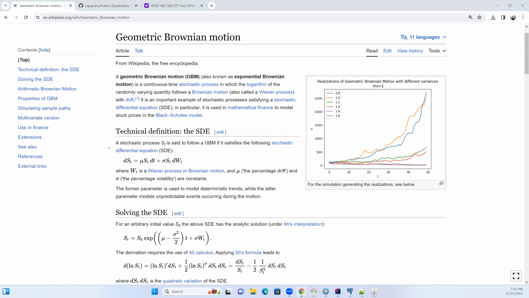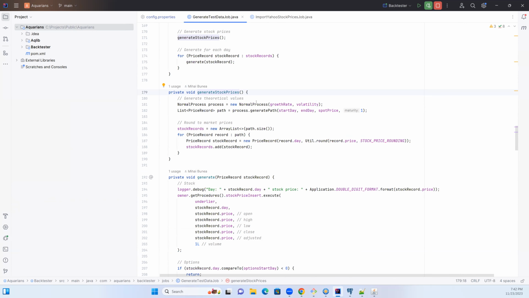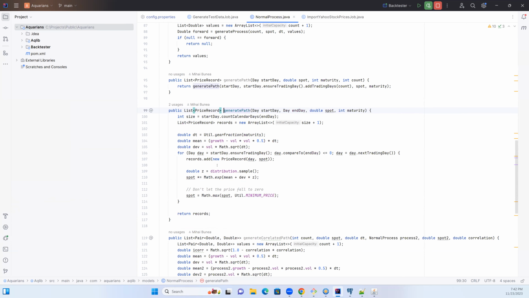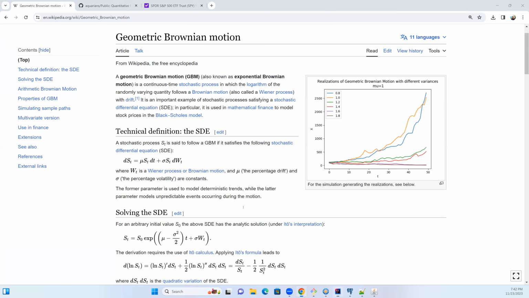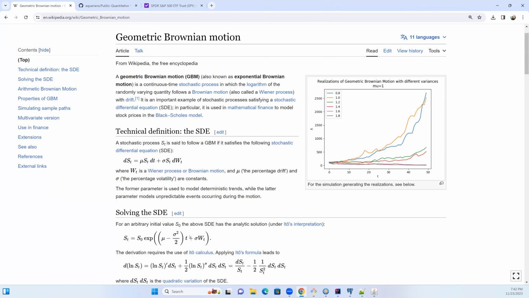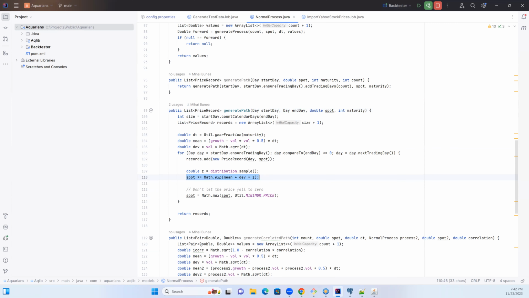It will generate prices according to this formula. So we have a normal process which does this generate path. And this is the magic equation, which we are going to discuss in what follows. So if you just want to use it, you can use it like this, but we are going to try to understand why it's implemented like this.